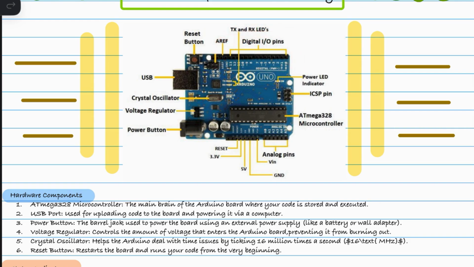These pins handle binary data, meaning they only understand two states: either high, which is 5 volts, or low, which is 0. You use them as outputs to flip an LED on and off, or as inputs to read whether a physical push button is pressed, right?